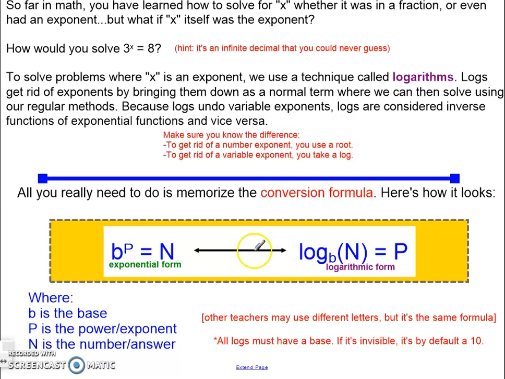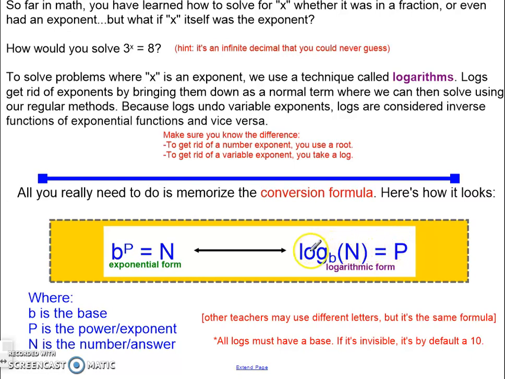Notice that the base letter or number is still there, except instead of being large, it's written as a subscript. Then the number comes next in logarithmic form. Make sure you skip some space in between your subscript and the number or the answer. And then it's going to equal your power.